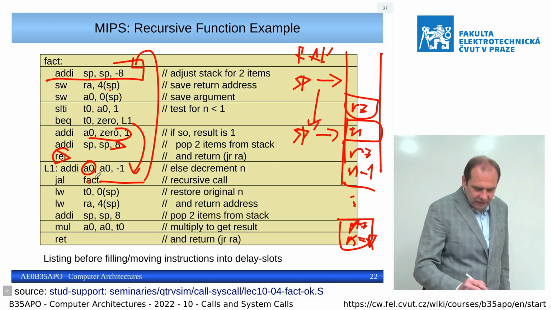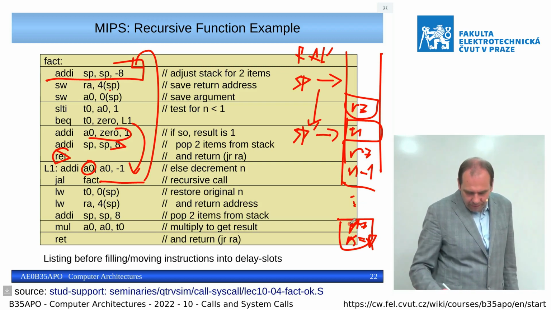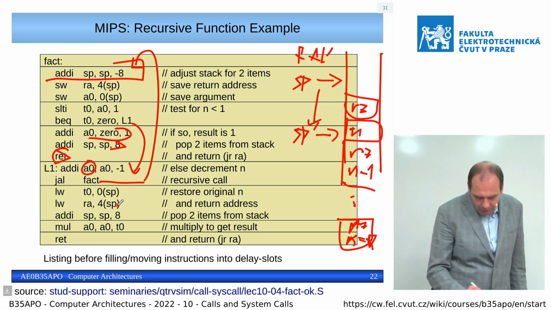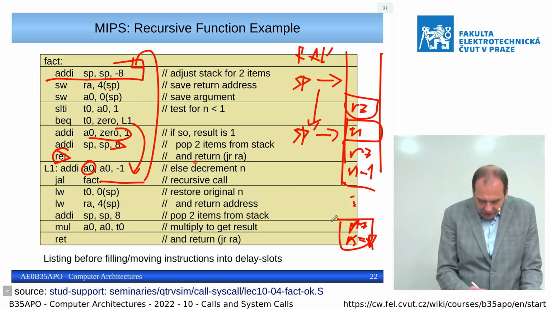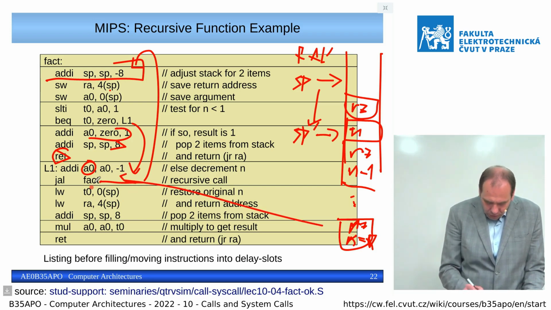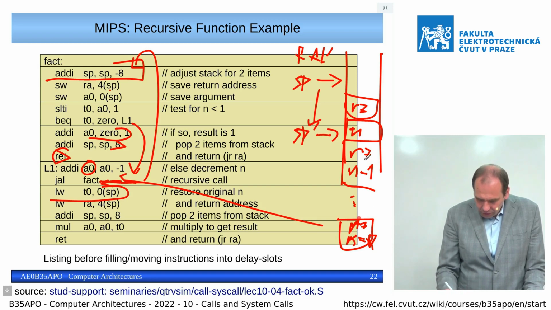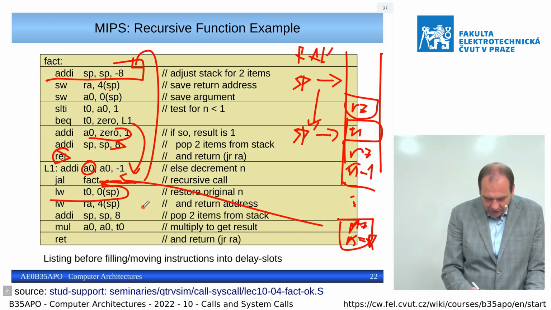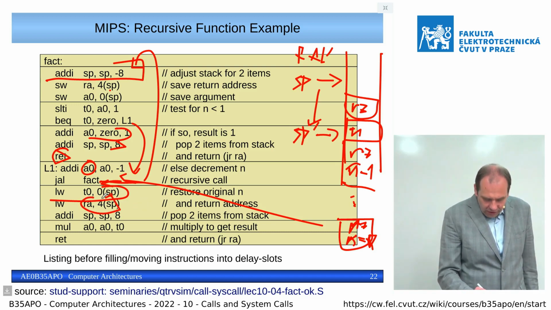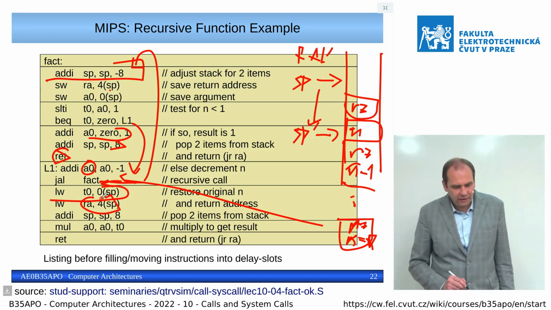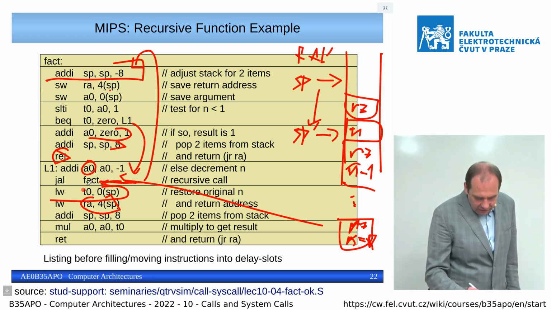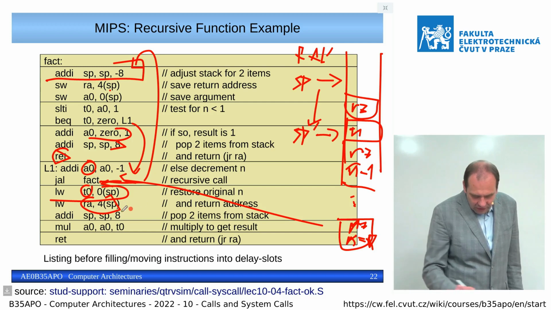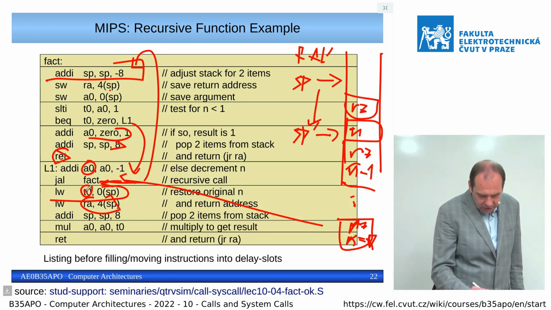In this case, 1 is returned, and at this moment the return address basically points to those. After this recursive call, we load the previous value of n and so on from the stack. We can restore the return address from the stack, and we read the n not to A0, but to T0.